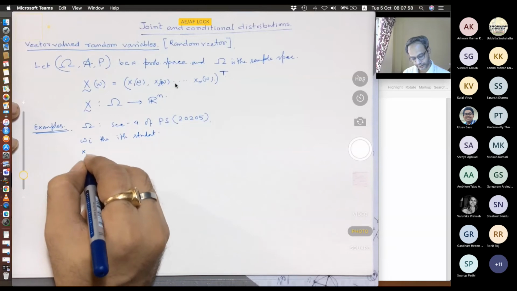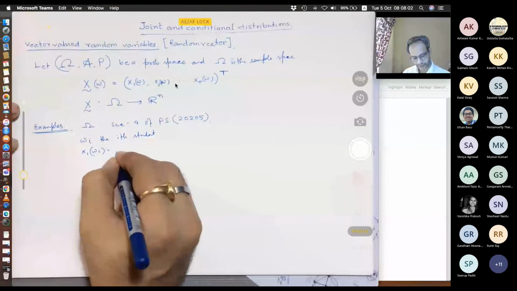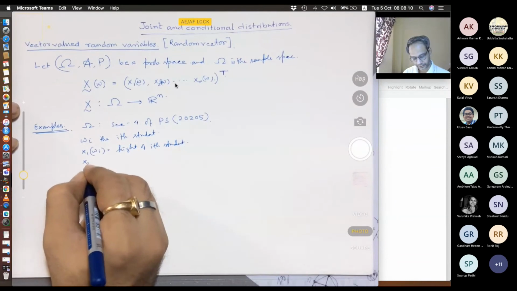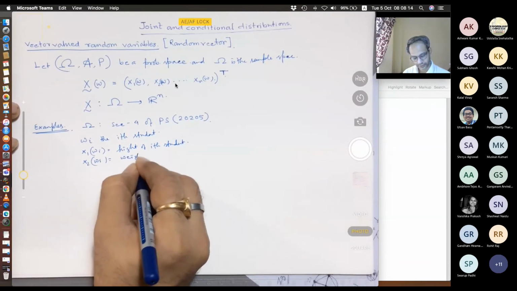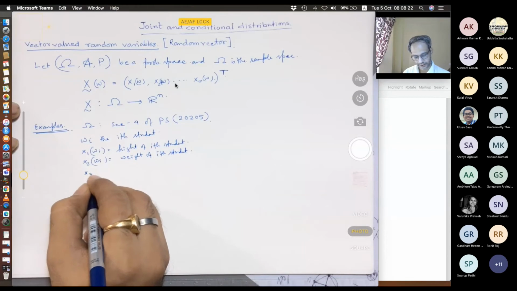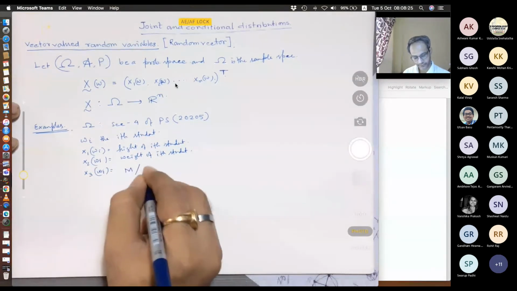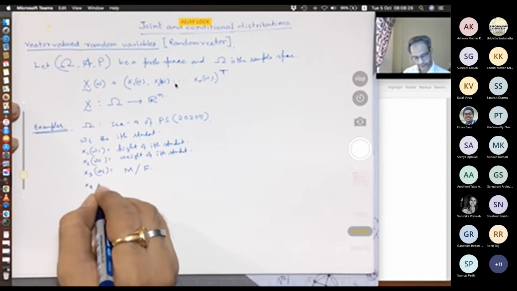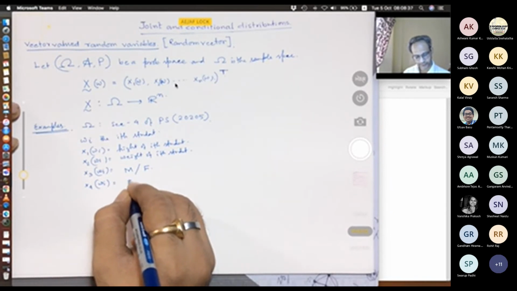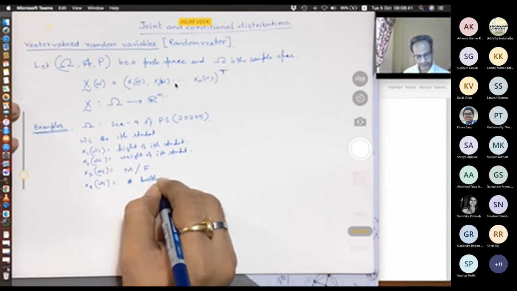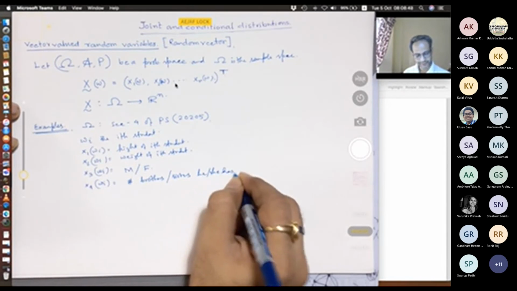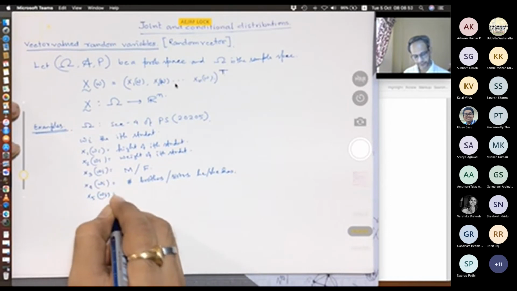Then X1(omega_i) is the height of the ith student, X2(omega_i) is the weight, X3(omega_i) may be male or female, X4(omega_i) is the number of brothers or sisters he or she has, X5(omega_i) may be the family income.